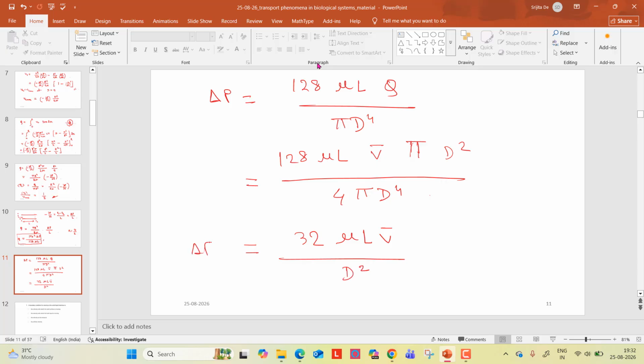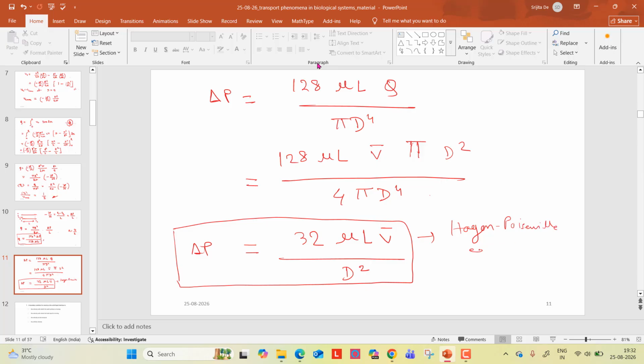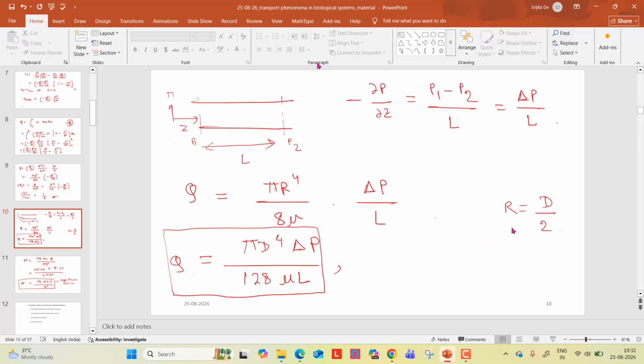So this equation is called the Hagen-Poiseuille equation of pressure drop, and the previous one is the Hagen-Poiseuille equation of the flow rate, right? So from these two formulas, we can calculate many things in a pipe flow, but you have to remember that this is only true for pipe flow. Okay.